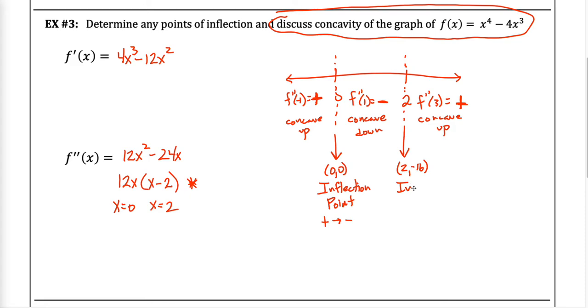This is an inflection point. I suppose I should say concavity. Concavity went from negative to positive. Good.